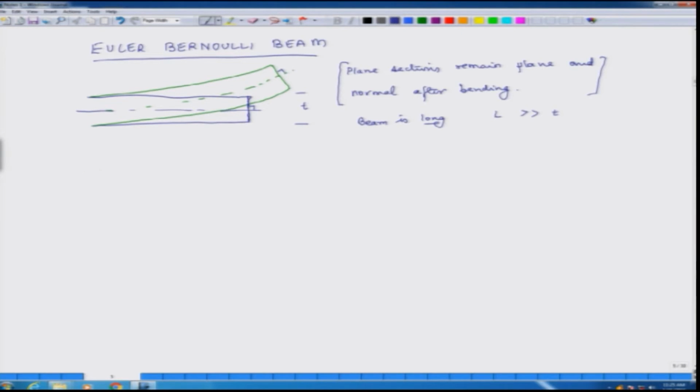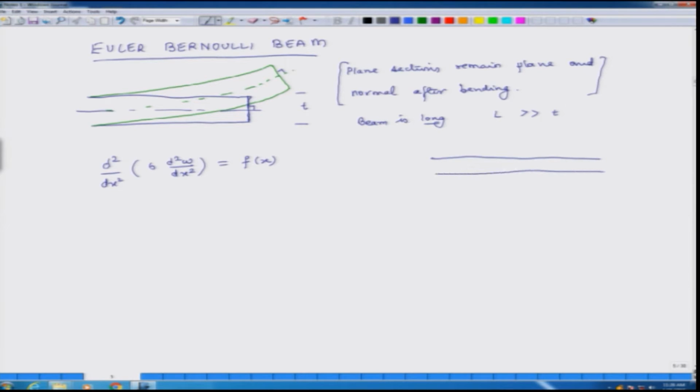So, the governing equation for this beam is d2 over dx square of B times d2w over dx square equals f of x. Let us look at what these parameters mean.